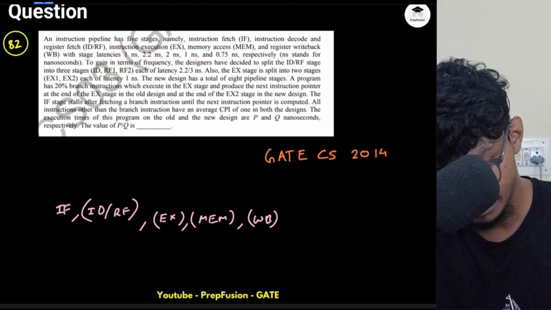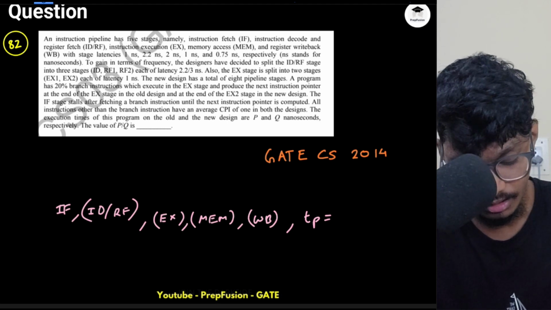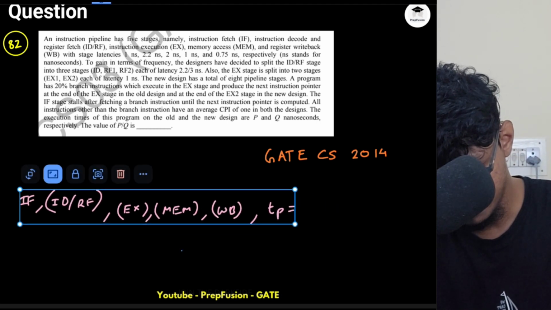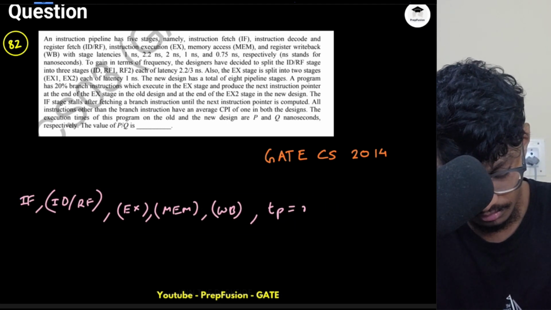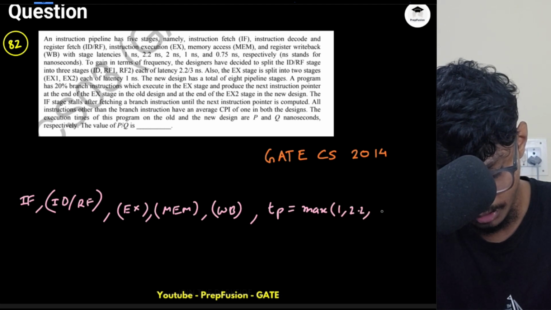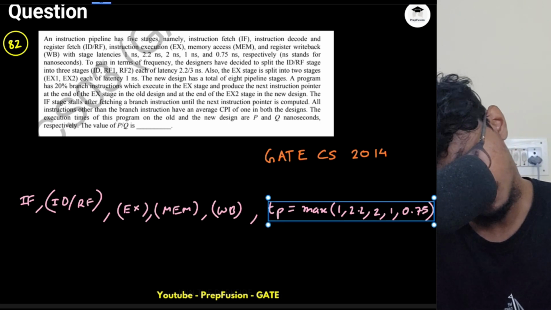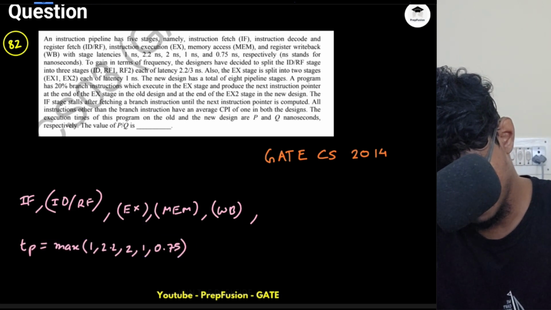So from here, can you find out the TP? TP will be the maximum of 1, 2.2, 2, 1, 0.75 nanoseconds.